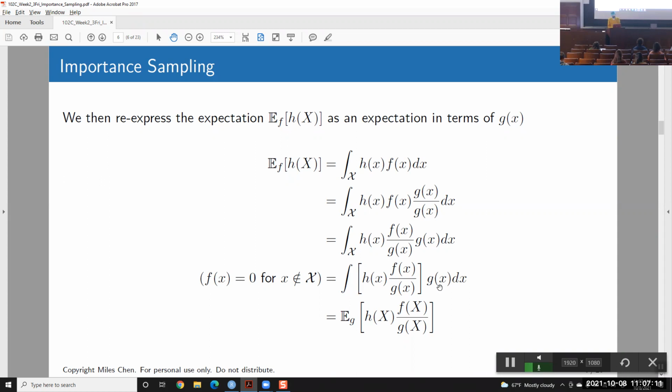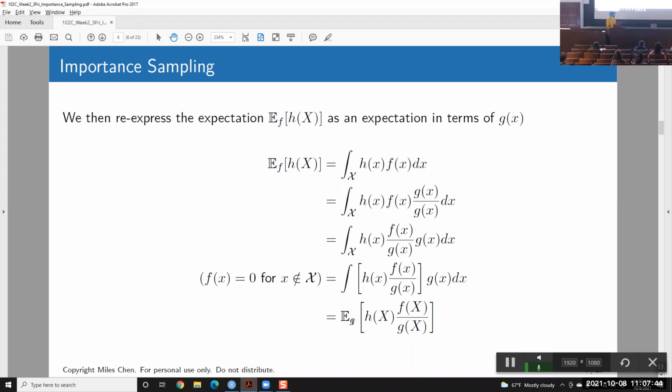We take the integral of that, and this is equal to the expected value of this thing, and these two things are equal, okay? And so the notational difference is the expected value of h applied to some random variable x, if x has PDF f, is equal to the expected value of h times f over g applied to a random variable x, where x has the PDF g, okay?